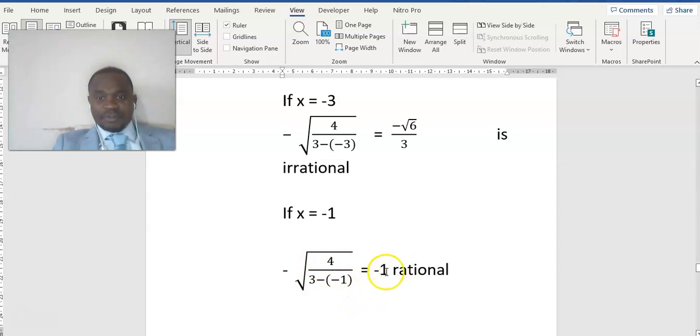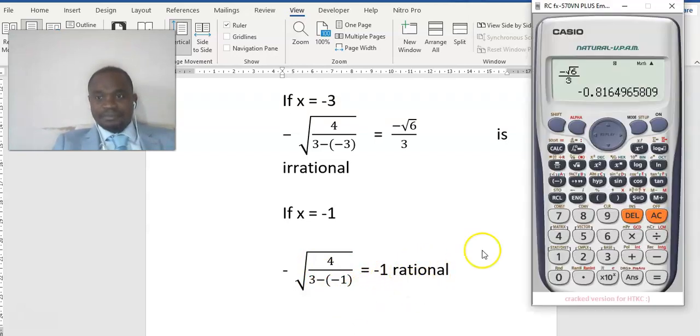Then if I substitute -1 into the equation, what am I going to get? I'm going to get -1, and it's a rational number. How do you press that? If I press this on the calculator, I'm going to get 4, 3, -1.